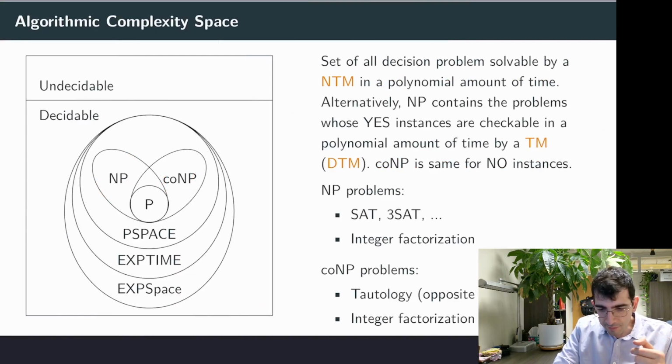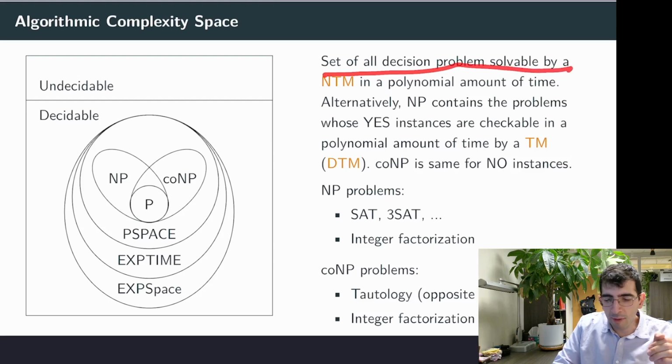Okay, so NP stands for non-deterministic polynomial time, and NP simply means the set of all decision problems solvable by a non-deterministic Turing machine in a polynomial amount of time.